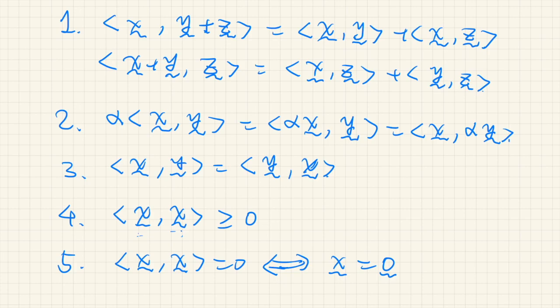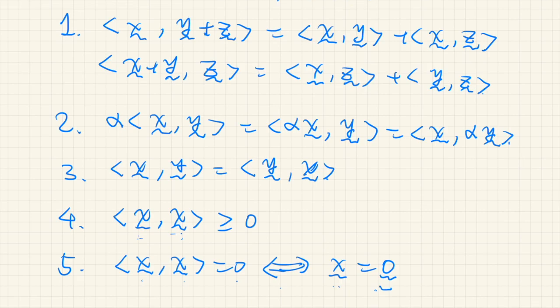So the inner product between x and x is equal to 0 if and only if x is the 0 vector. By the way, this 0 vector is, of course, the additive identity element of the Hilbert space, which comes from the property of the vector space.